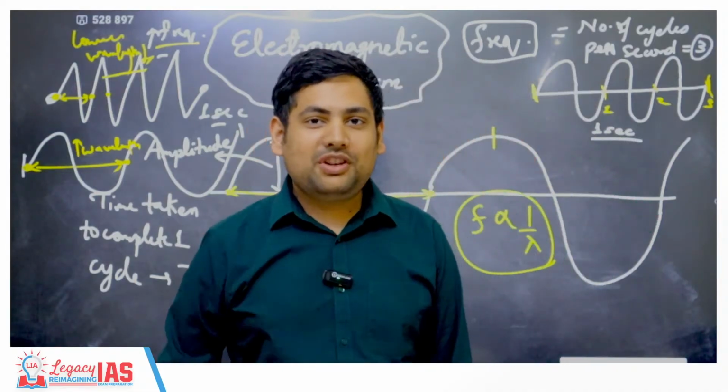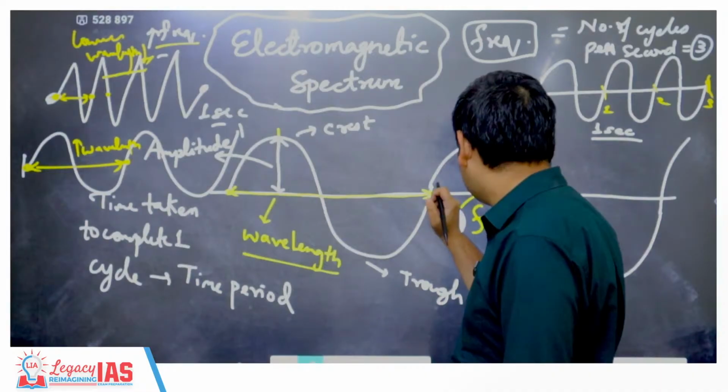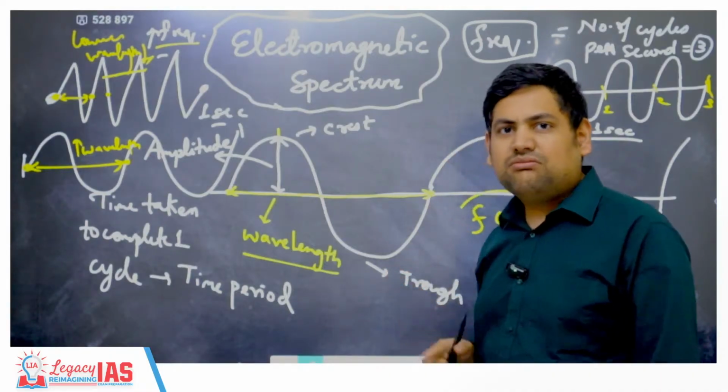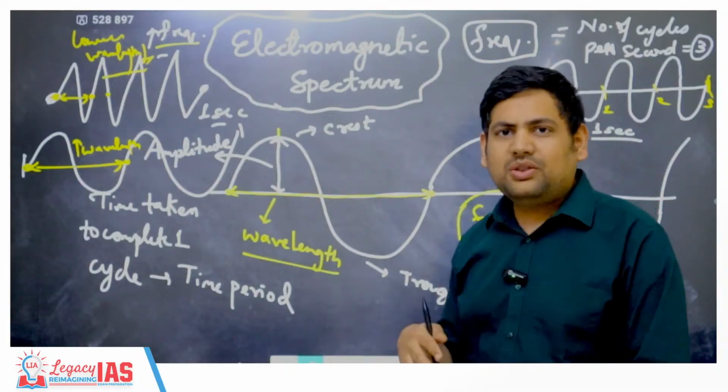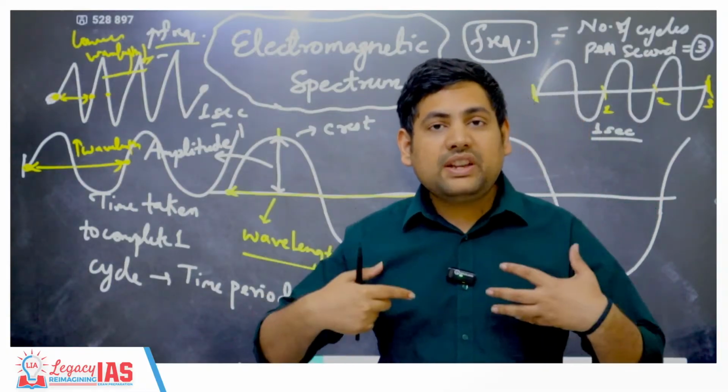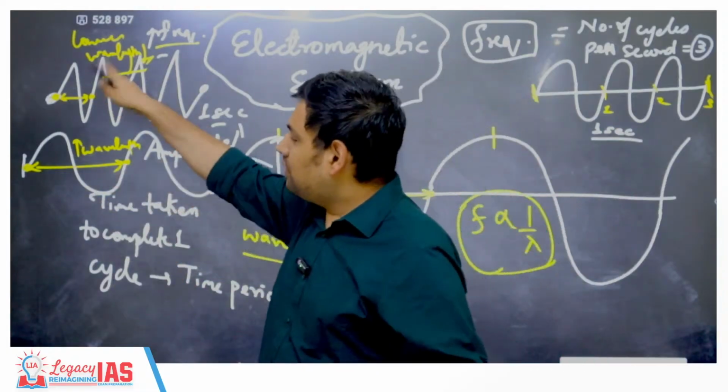Now, one more relation that you need to understand is, if something has more energy, then it will also have more frequency. That's why if I speak very loudly, my wave looks like this.